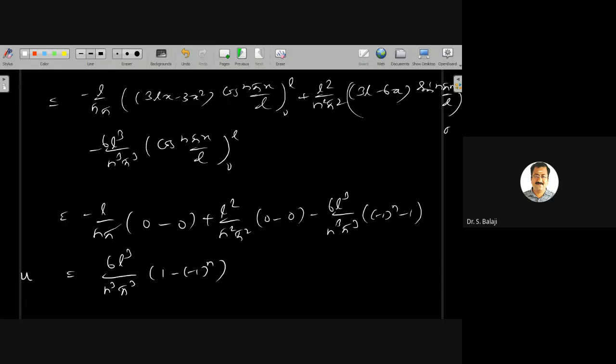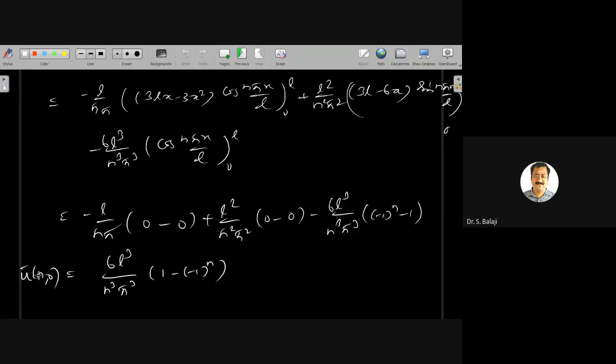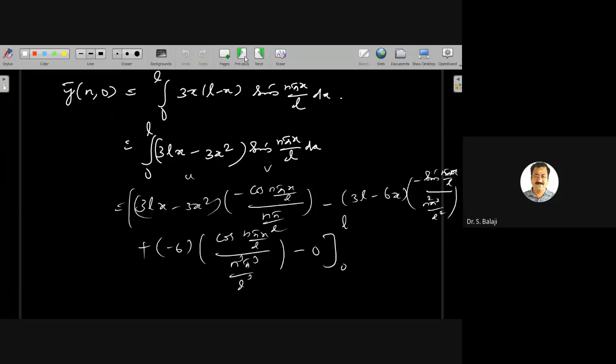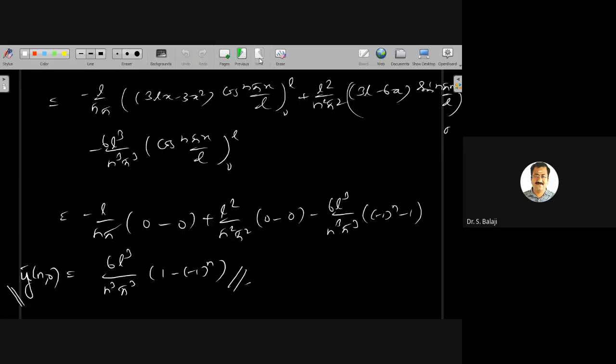What is this? This is y bar of n comma 0. Already you identified y bar of n comma 0 equal to a.